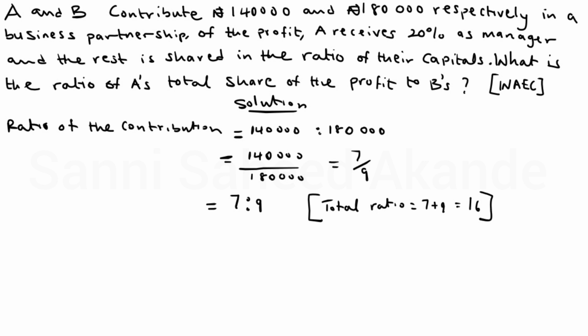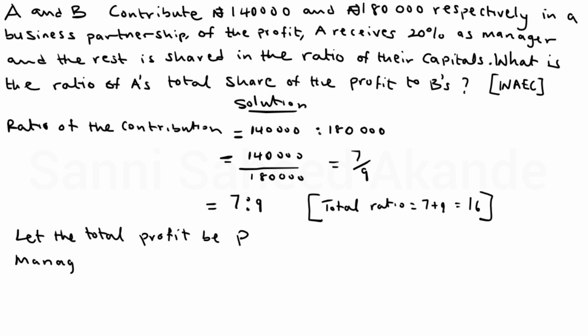As a manager, A received 20%. We are going to find that management share for A, but before that we don't know the total profit. So let the total profit be P.